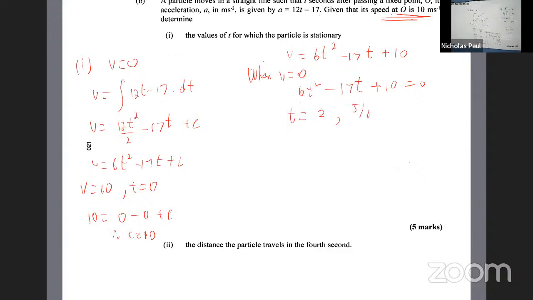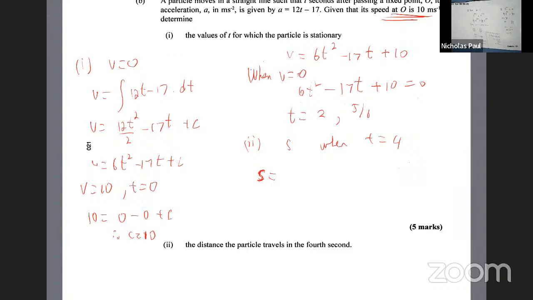Nice. Find the distance the particle travels in the 4th second. So for part 2, all they want is s when t is equal to 4. How do I get s again? If you have velocity, how do you get displacement?